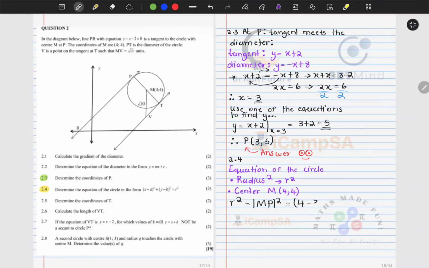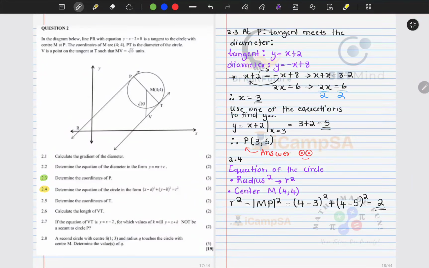So we're going to say 4 minus 3, which is at P, all squared, plus the y. The y at M is 4, minus the y at P, which is 5. And if you observe carefully, you have 4 minus 3, which is 1. Then 4 minus 5, which is negative 1, all squared. So our r squared is going to be 2.